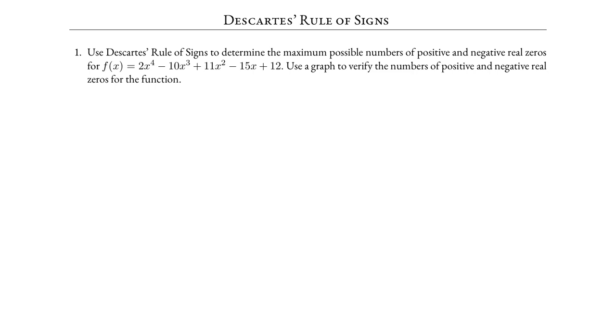A part of the Descartes rule of signs requires that we check the variation of f of x and f of negative x. We see that f of x equals x to the fourth minus 10x cubed plus 11x squared minus 15x plus 12.